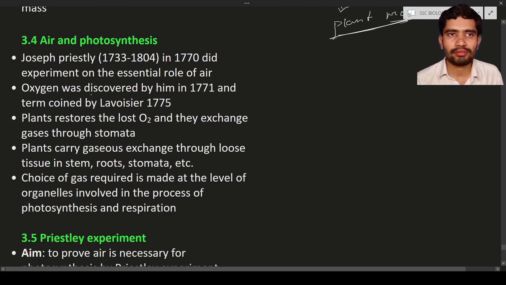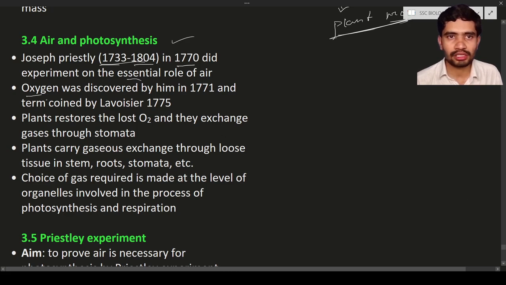Next one is air and photosynthesis. What is the relation between air and photosynthesis? Joseph Priestley lived from 1733 to 1804, and in the year 1770 he did an experiment on the essential role of air, to find out the importance of air in relation to photosynthesis.